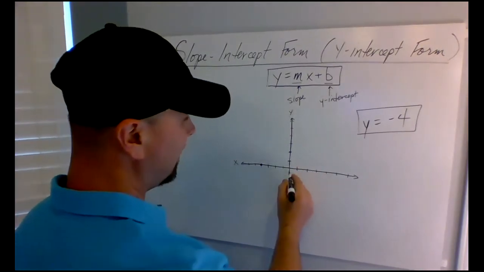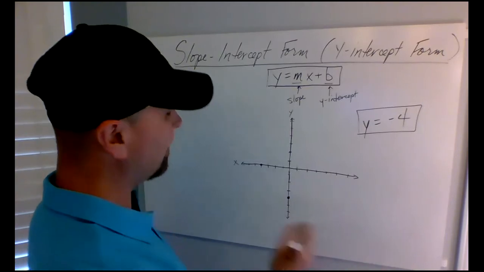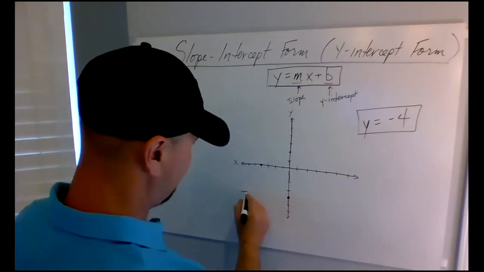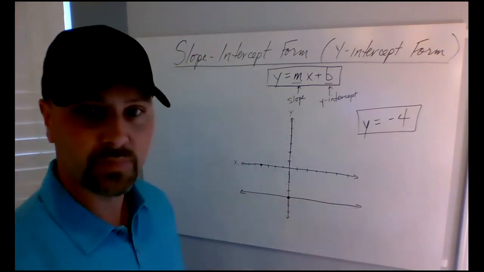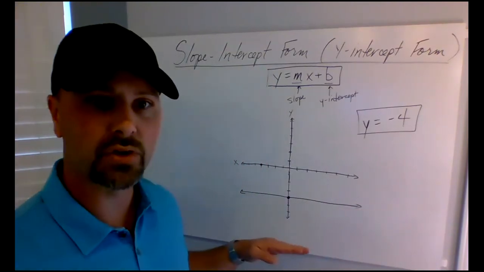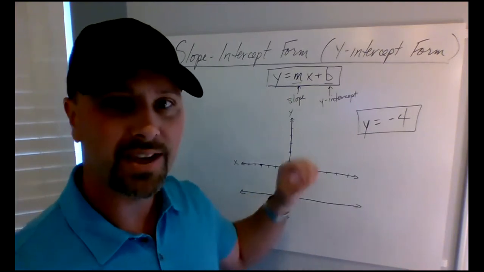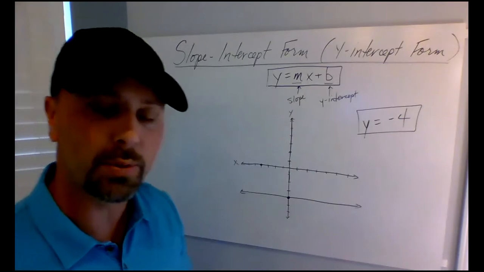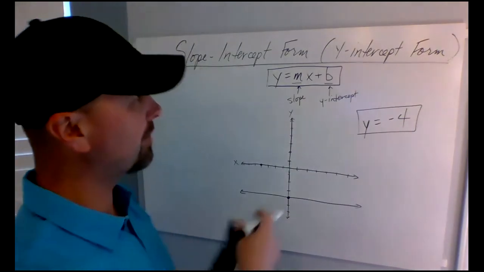So y -4, and it's going to be all of that line. The difference is this is a function. It is a function. It's moving through time. It has 0 slope.